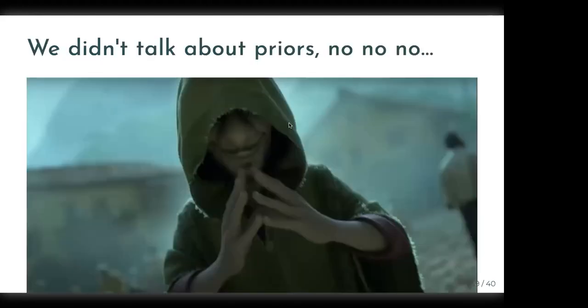So I think, yes, we didn't talk about priors. That's definitely the hottest topic in workshops about Bayesian. It's actually easy once you understand how they work, but they can seem counterintuitive at the beginning.